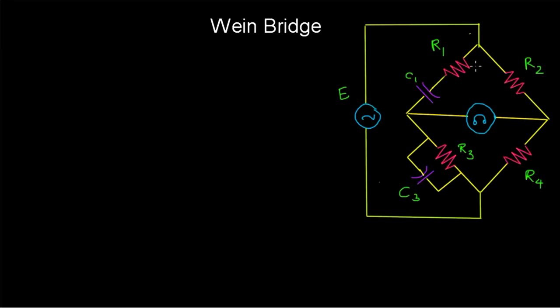So here you can see the Wein bridge has a series RC combination in the first arm and a parallel RC combination in the adjoining arm. So as always, let us find the impedance values of each arm. The impedance value of the first arm Z1 is equal to R1 plus 1 by j omega C1.